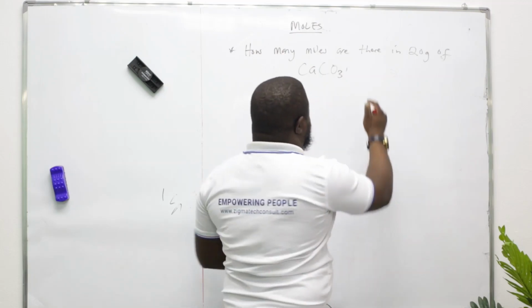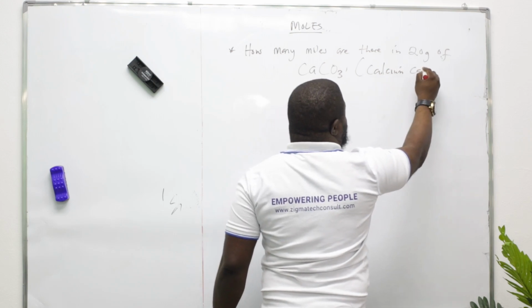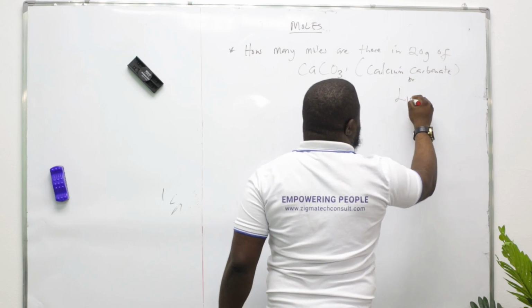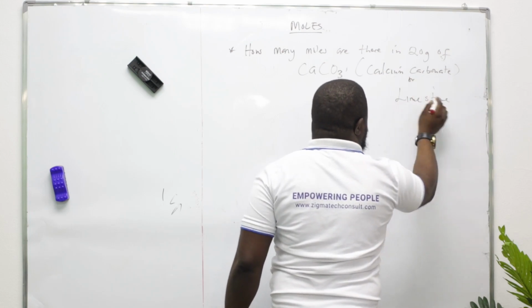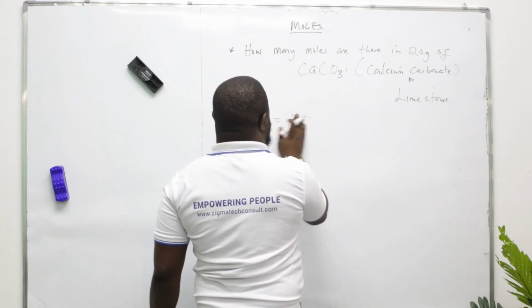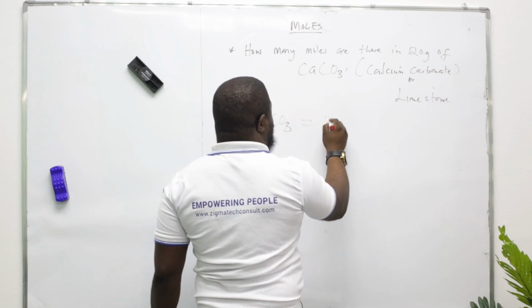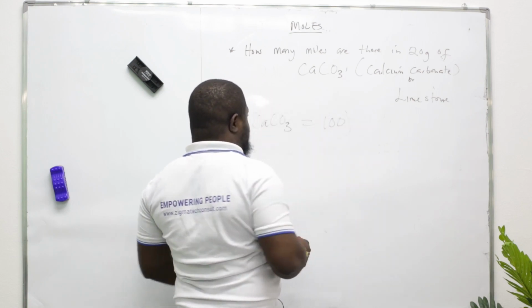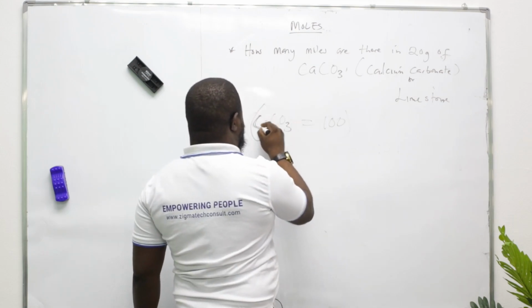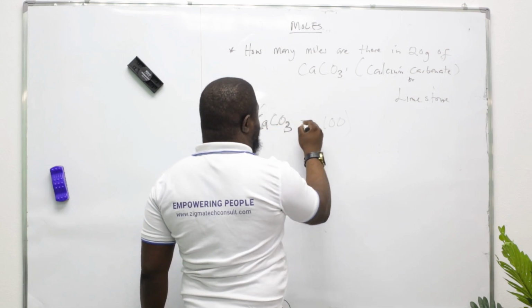20 grams of CaCO3, calcium carbonate or limestone. They gave you Ca as 40, and CaCO3 as 100.